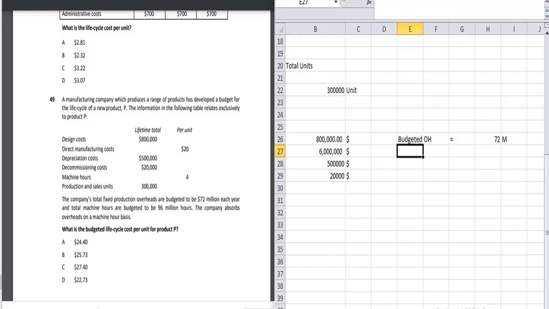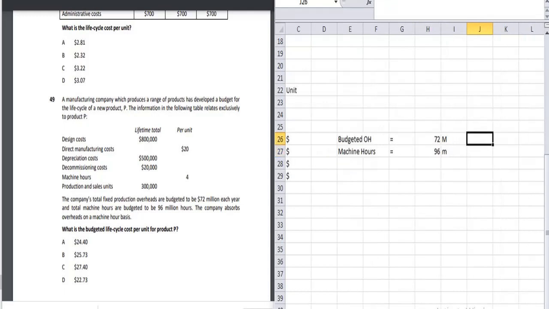And the question has told the company absorbs this overhead on a machine hour basis. So machine hours is 96 million, right? It's in the dollar, and it's in the hours.